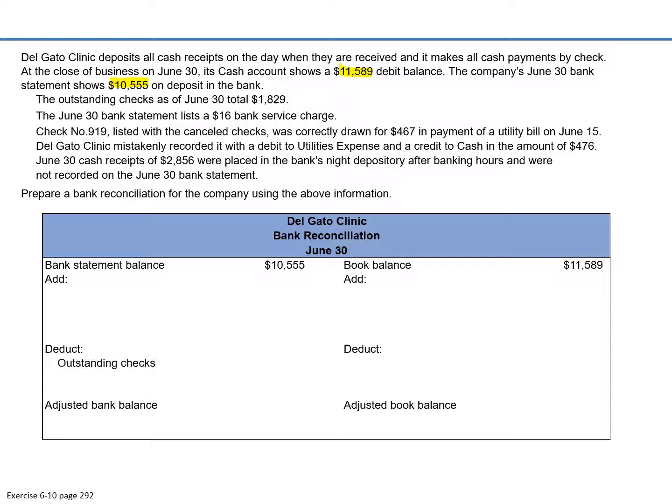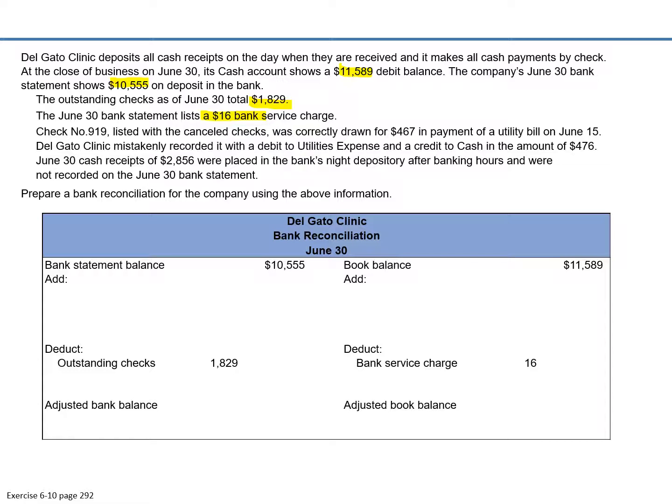All right, so on the bank side, they tell us we have outstanding checks of $1,829. On the book side, they tell us we have a $16 bank service charge. And then, let's see, check 919, listed with the canceled checks, was incorrectly drawn for $467.